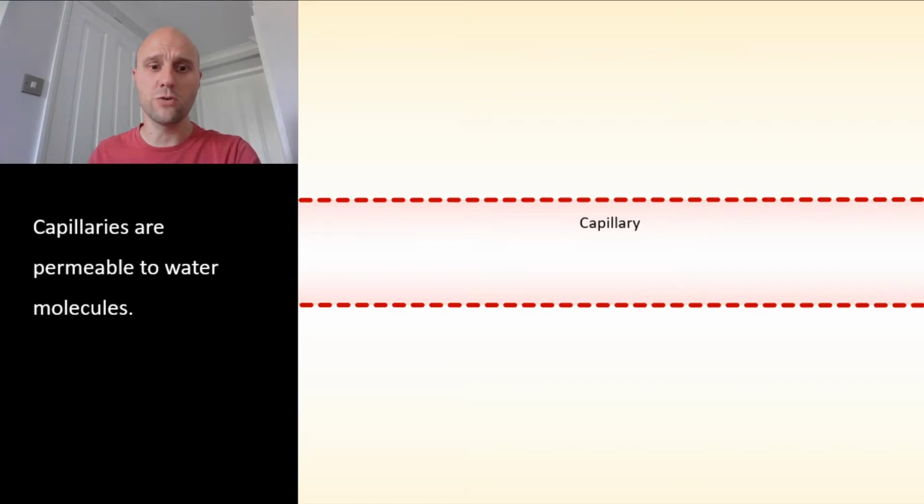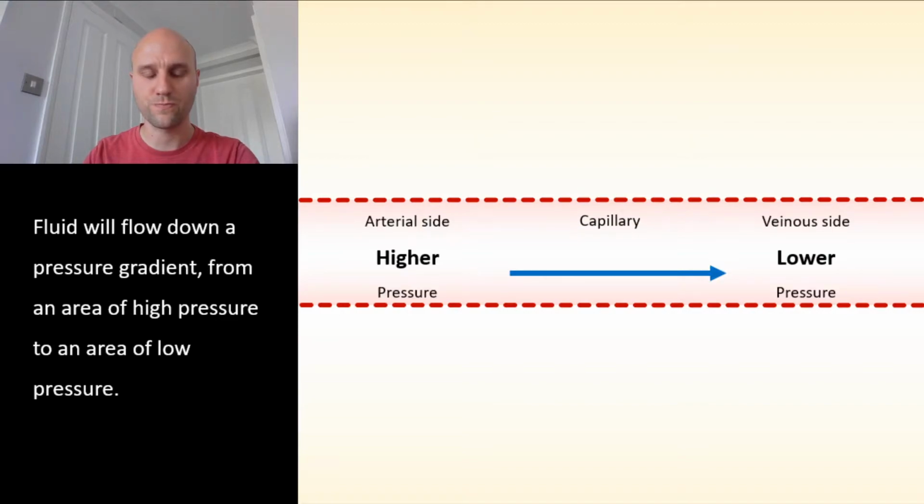Now, you'll recall that your capillaries are permeable to water and other small molecules or solutes, and so these may have a tendency to flow out into the interstitial space, and we're going to discuss how that occurs.